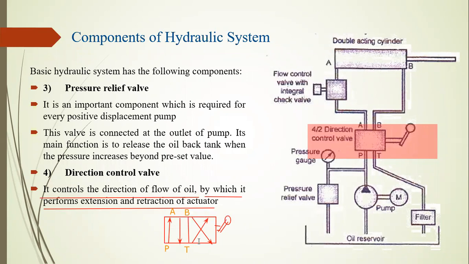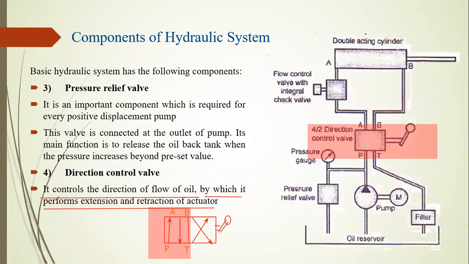Here, the direction control valve gives the direction of the oil. First we have to consider this position only, where the oil passes from P. You have to mark it in a different color so you can easily understand.